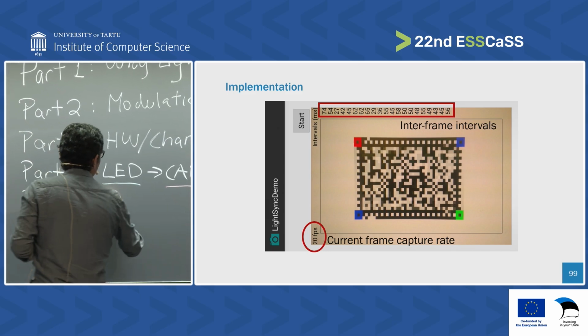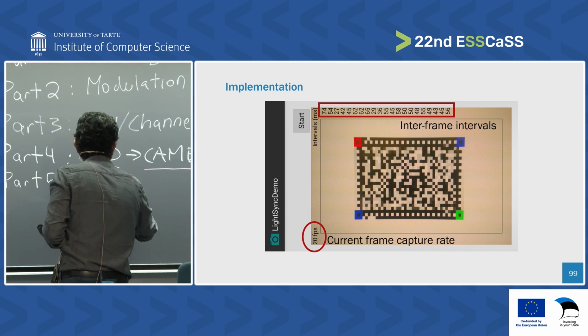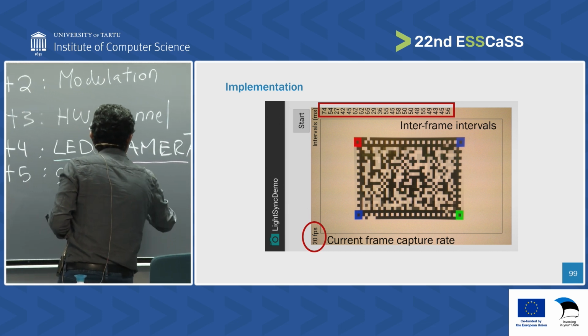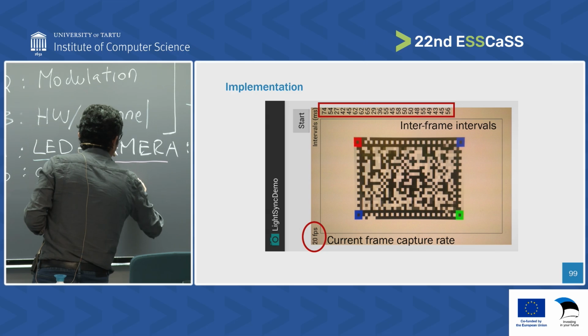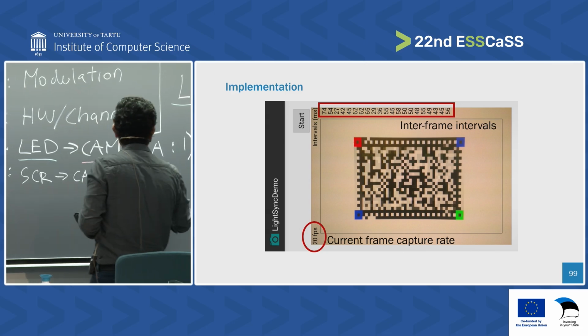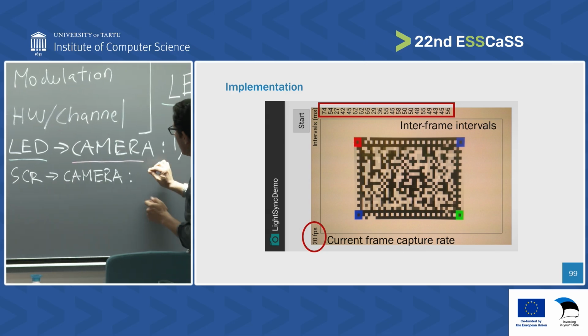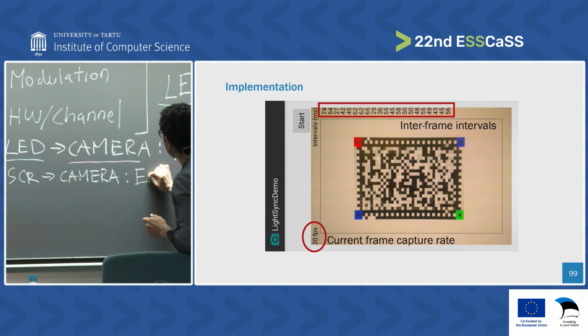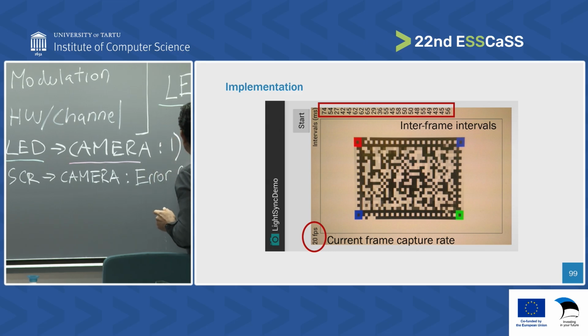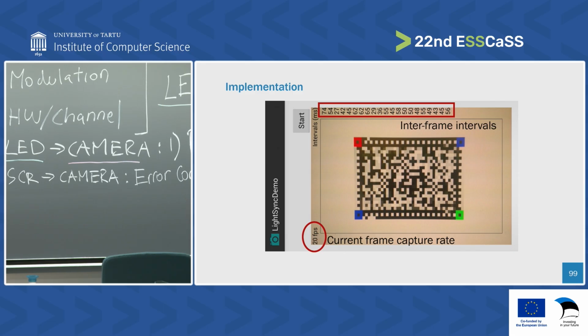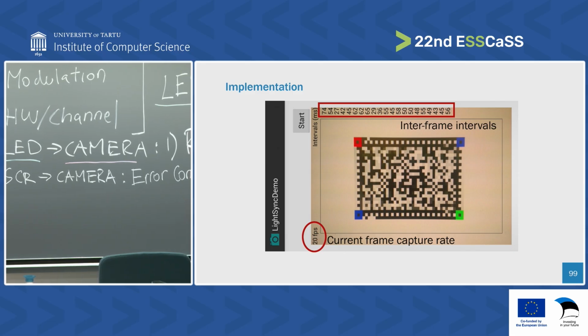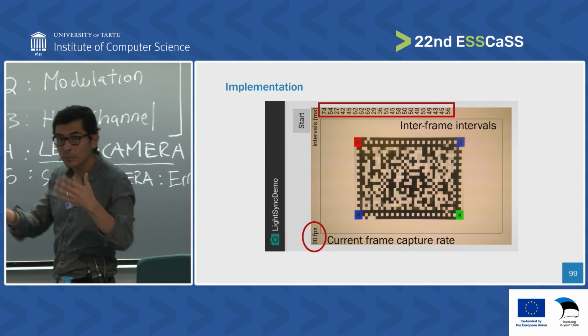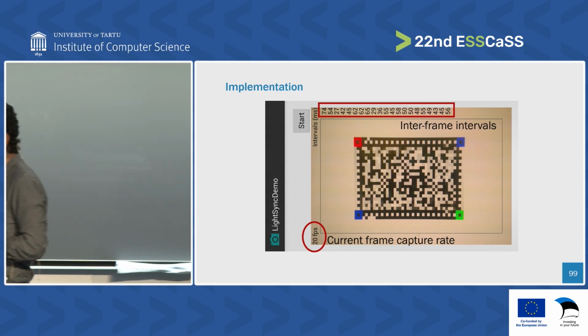You do a screen to camera, and you need to use these error correction codes. Reed-Solomon is a very popular one, error correction codes, to send enough redundancy to get all that information.